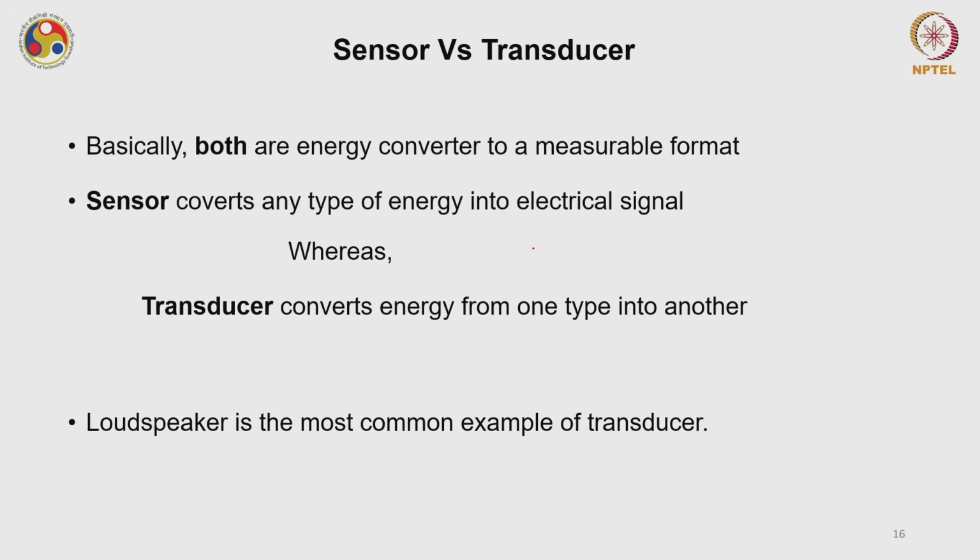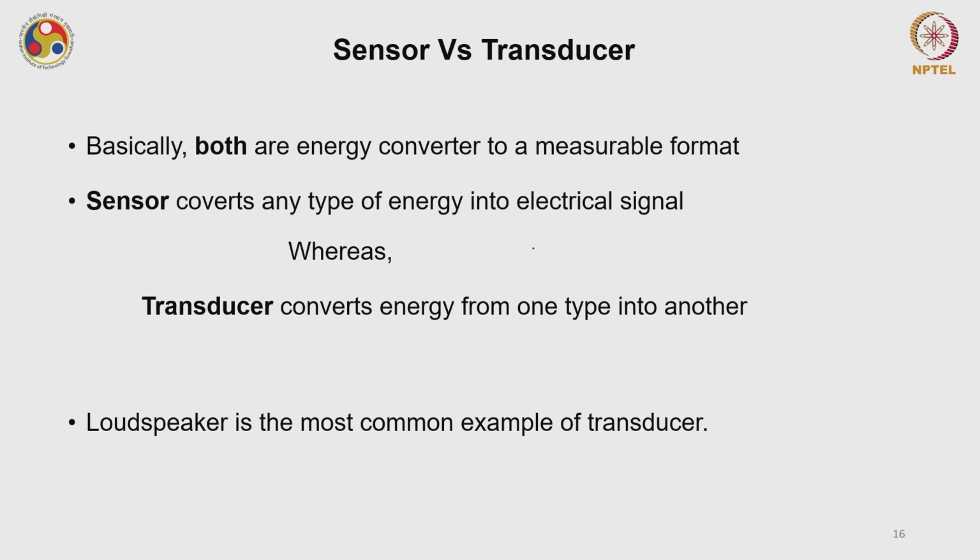A transducer converts energy from one type into another. This can be anything: mechanical energy to heat energy, heat energy to mechanical energy, or chemical energy to mechanical energy. It can be various types of conversion, but not non-electrical to electrical. I hope the difference between a sensor and a transducer is clear.